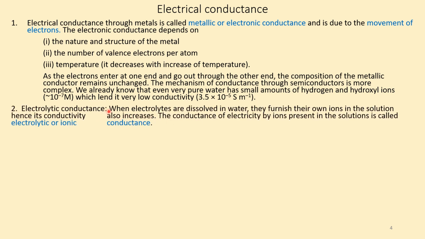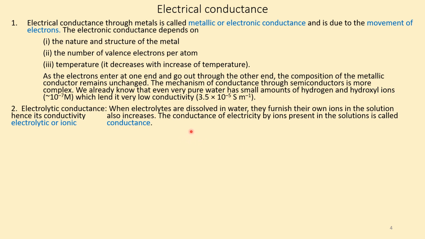Electrolytic conductance. In serial number 1, we studied the characteristics of electrical conductance through metals. In serial number 2, here we will study about electrolytic conductance. When electrolytes are dissolved in water, they furnish their own ions in the solution and hence its conductivity also increases.